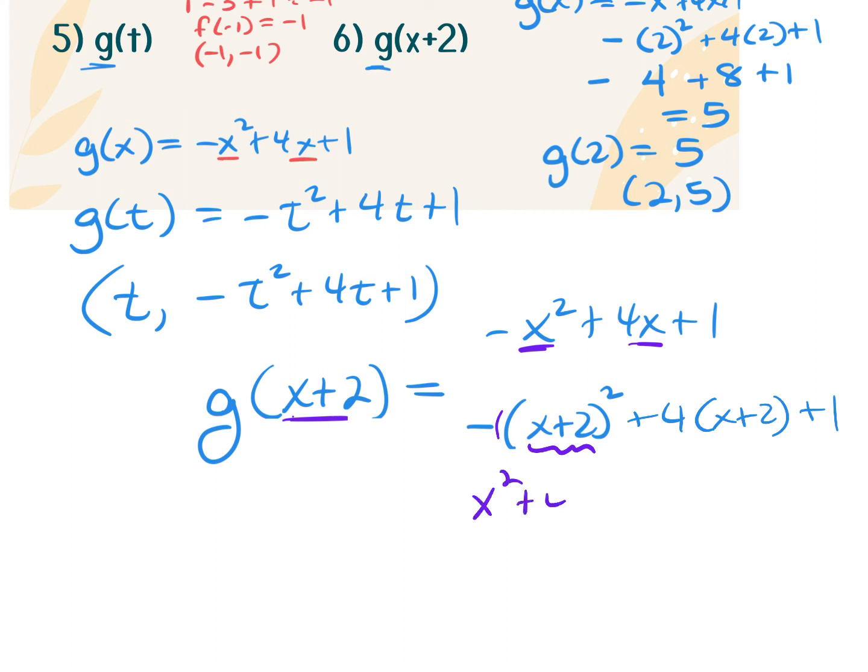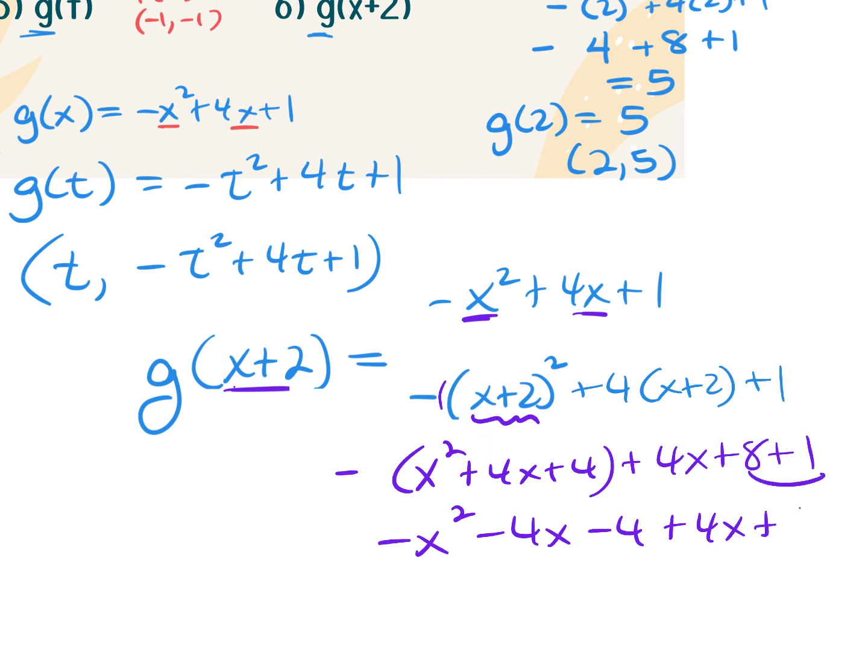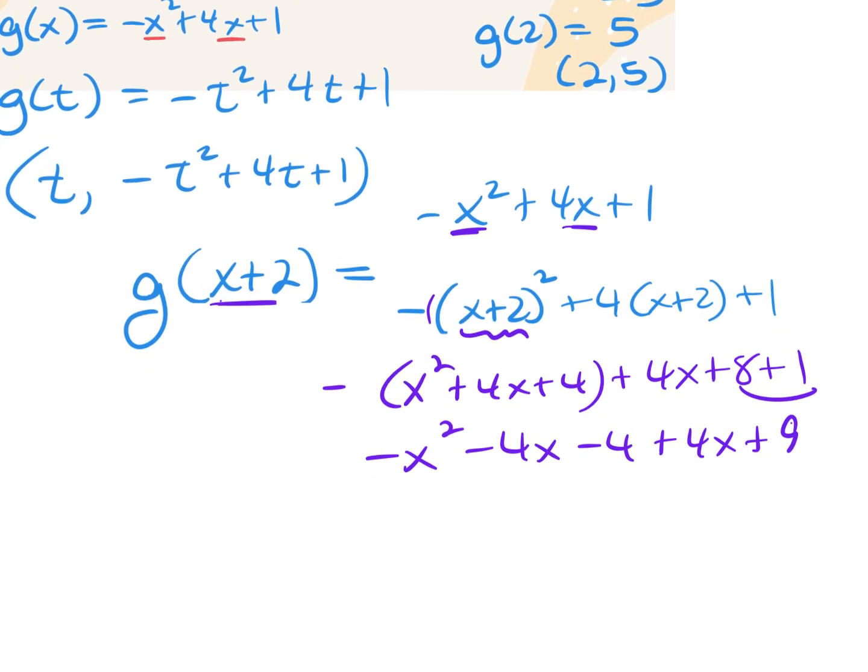So x squared plus 4x plus 4. And then now I could distribute the negative sign, but let me go ahead and distribute the 4 to the middle term. So now this becomes negative x squared, negative 4x, negative 4, plus 4x plus, and I'll add these, and I get 9. Okay, so now I need to combine like terms.